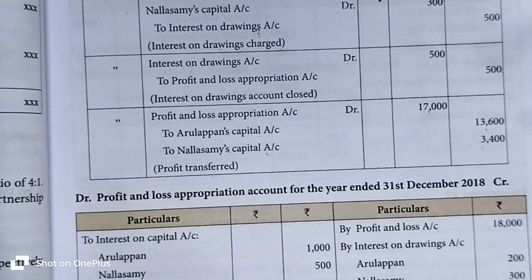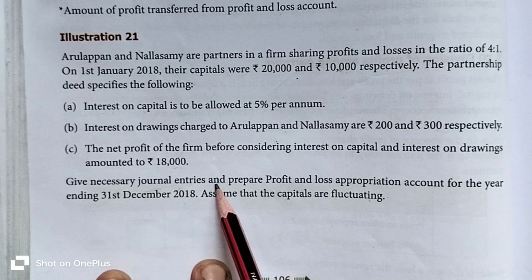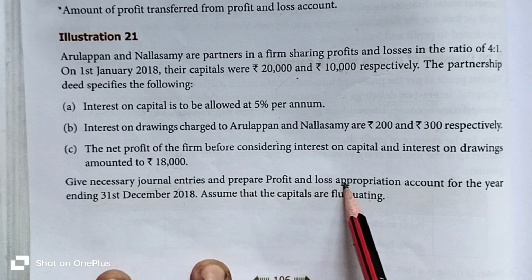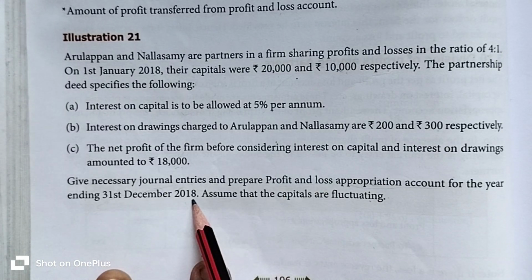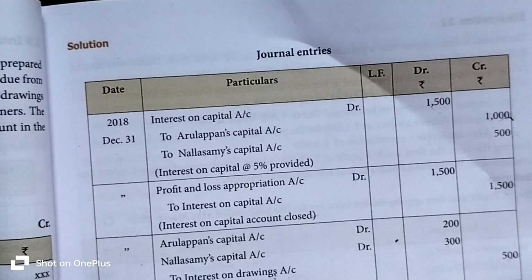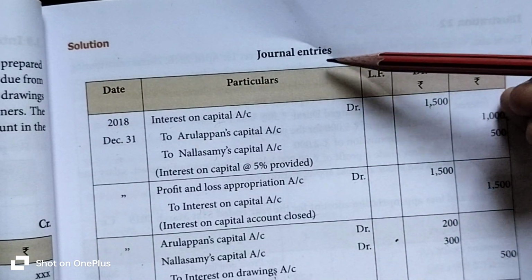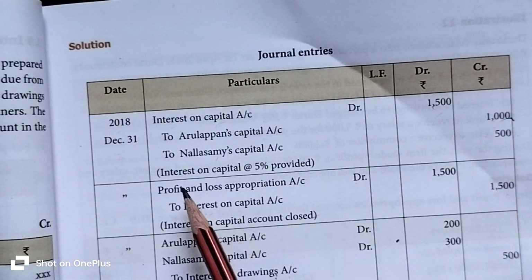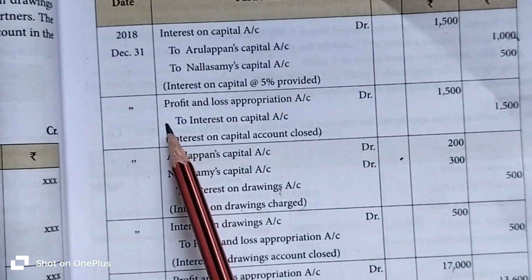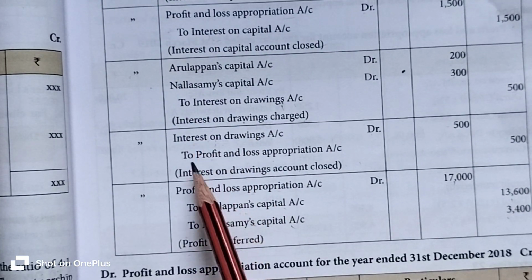Then they asked us to give the necessary journal entries and prepare the profit and loss appropriation account for the year ended 31st December 2018. So what is meant by profit and loss appropriation account? Listen, we pass the journal entries. For these journal entries, we have the profit and loss appropriation account entries, here, here and here.